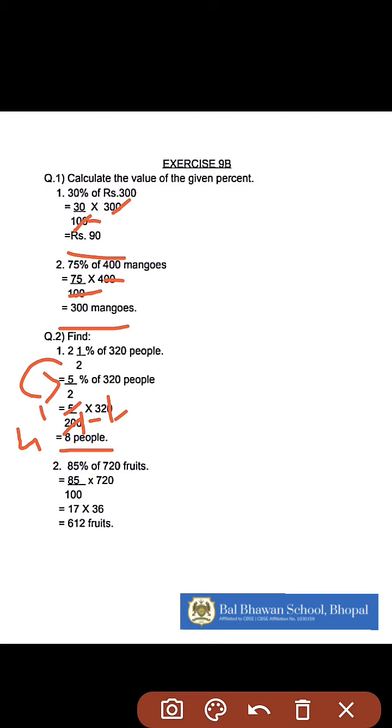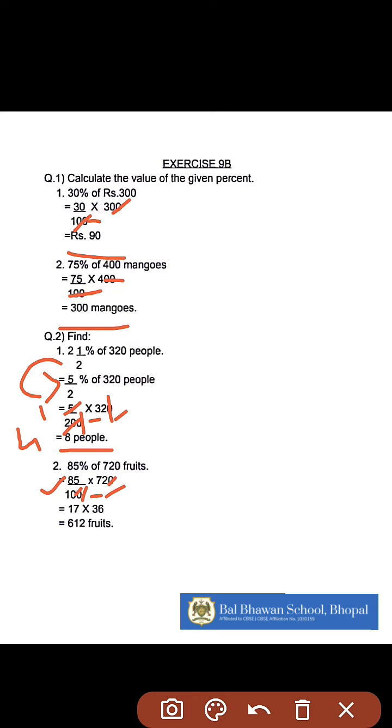Now in the next question you have 85% of 720 fruits. Again 85% will become 85 upon 100. Of operator will change to multiplication and 720 will come as it is. Now again I can cancel 1 0 in the denominator and 1 0 in the numerator.